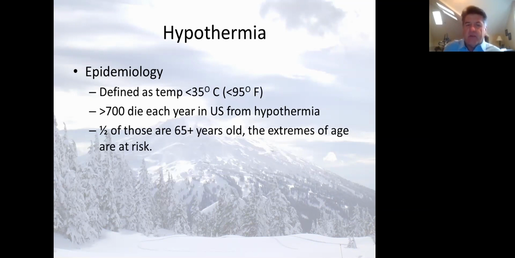The very young, because they have a significantly different body ratio, their head's larger, their bodies are smaller. And the old or infirm tend to have more secondary diseases, diabetes, poor circulation, and they're taking quite a few medications, which increase the risk of hypothermia.